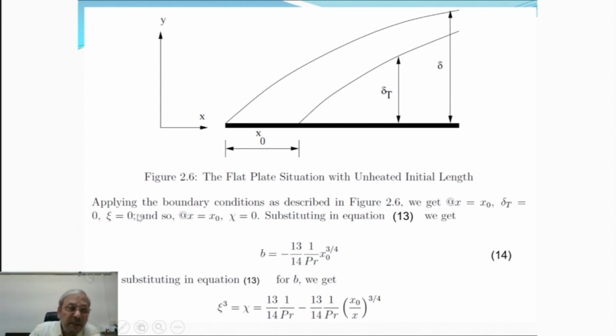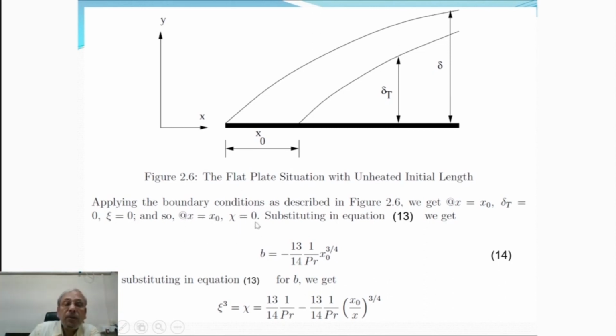ζ is δ_t by δ. So at x equal to x₀, δ_t is 0. It starts from here. That means ζ is 0. So if ζ is 0, χ is also 0.